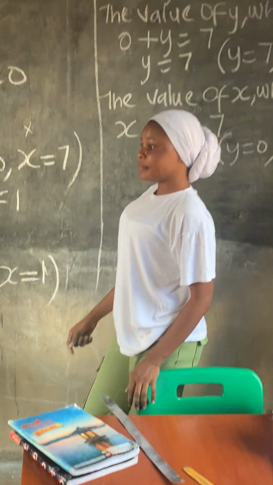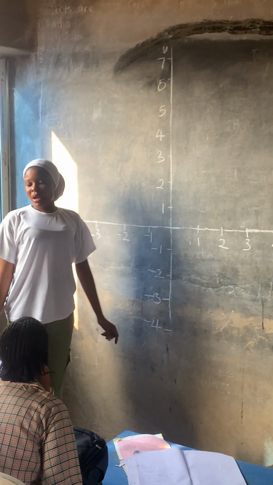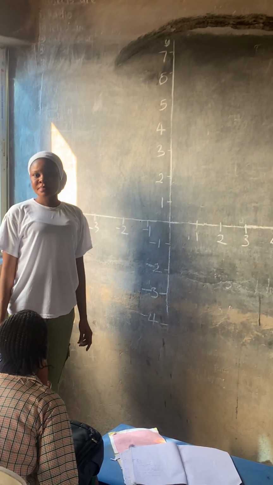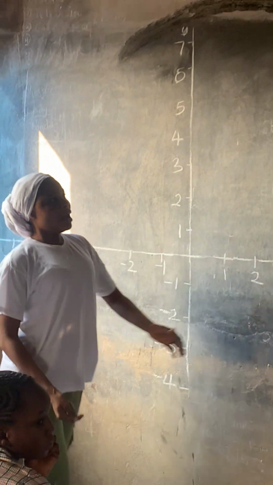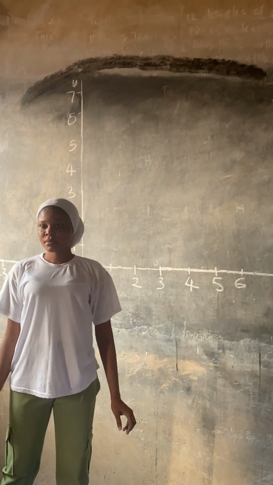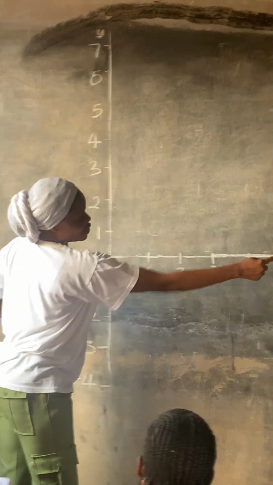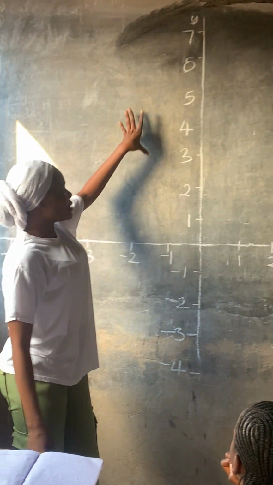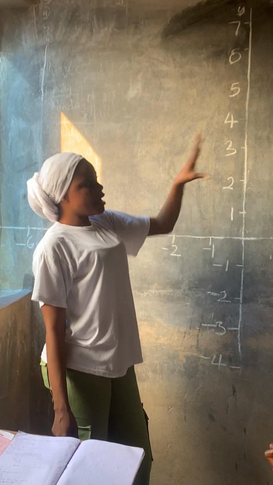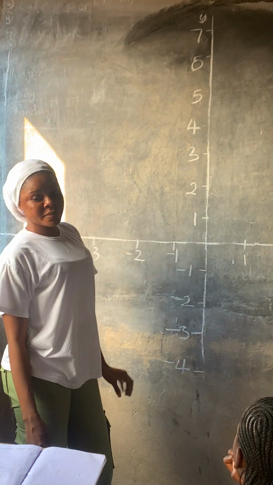Okay, clean the board. A graph. So in graph, you clean the board. This is your y-axis, right? This is your x-axis. So now this graph will input the value, the coordinates you have here, okay?